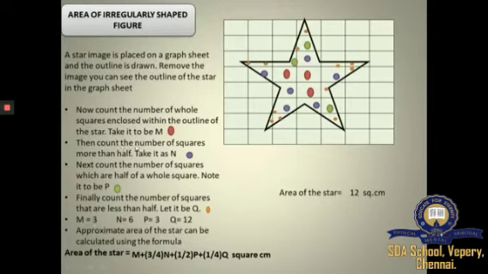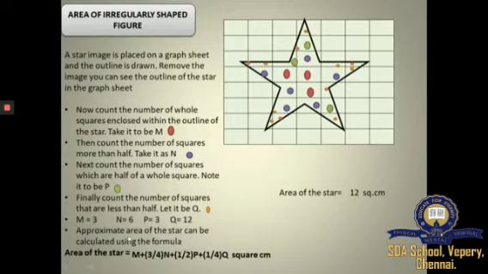Then count the number of squares more than half. Take it as n. Next count the number of squares which are half of a whole square. Note it to be p. Finally count the number of squares that are less than half. Let it be q. So we have to mention like this: m is equal to 3, n is equal to 6, p is equal to 3, q is equal to 12.